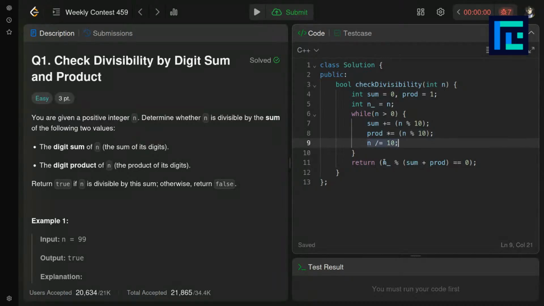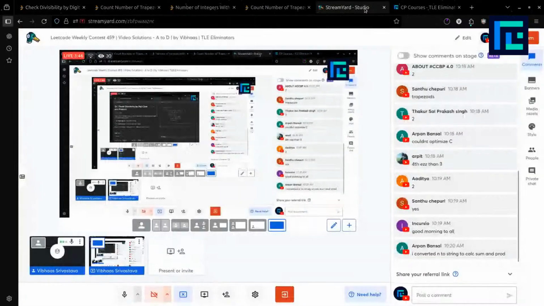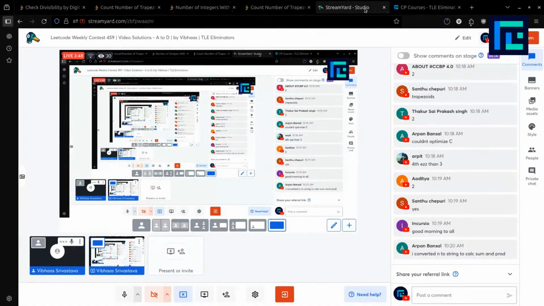Then I'm dividing by 10, so that digit gets reduced. Then finally I'm returning whether n mod (sum plus product) is 0. That will be true or false based on whether n is divisible by sum plus product or not, right? So that's all. You can also convert to string and do it.